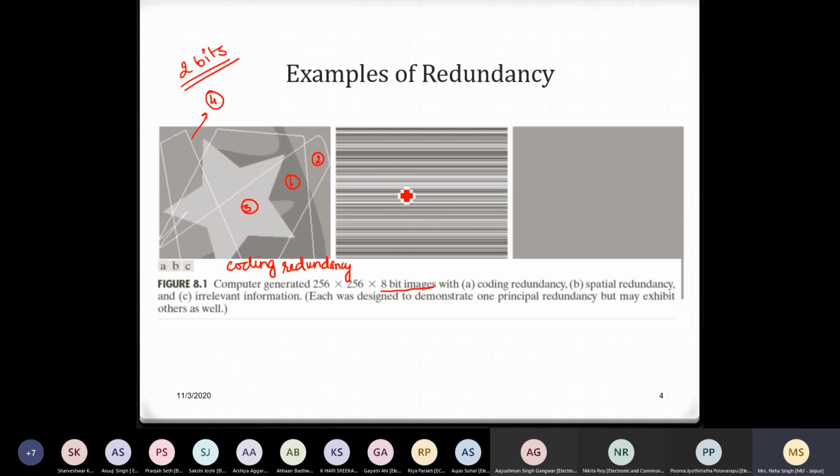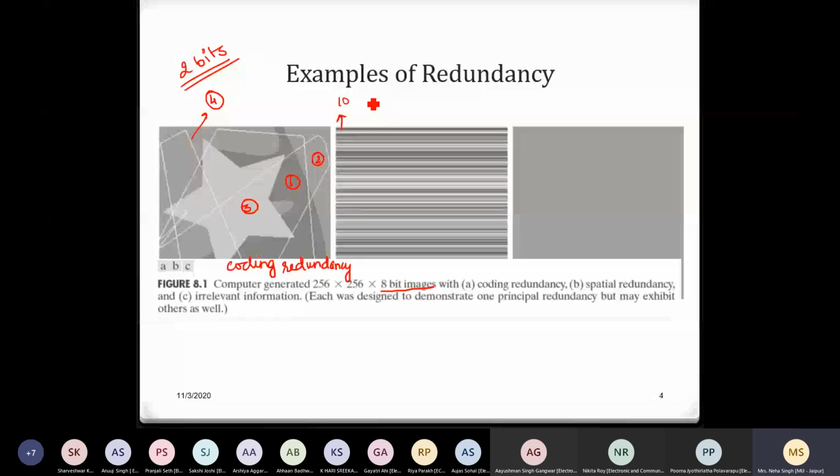The second image here shows the horizontal lines running for the same gray level. Suppose this line has the gray level 10. So for all 256 pixels in this row, the value is 10. If this is the case, then I should not be required to send 10 256 times. It is something which is repeated.